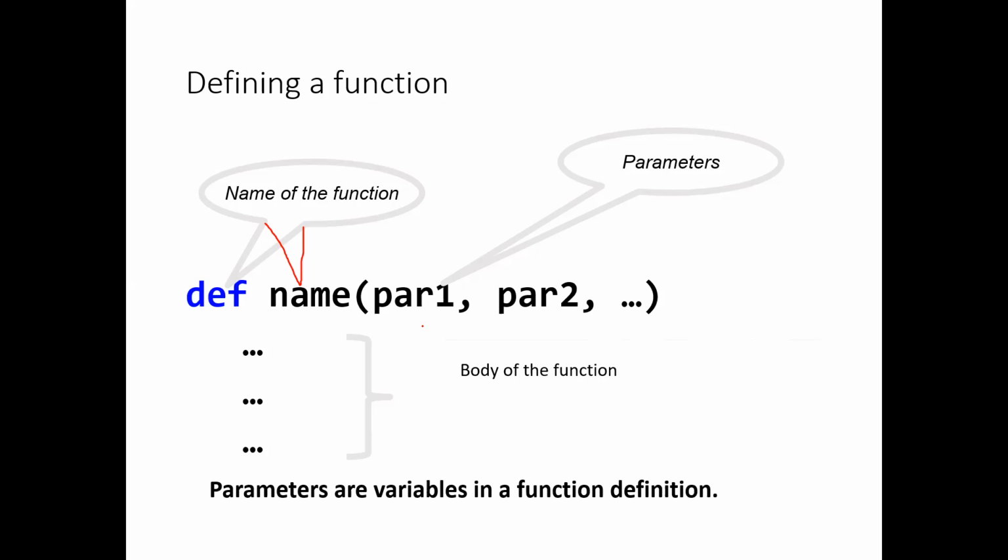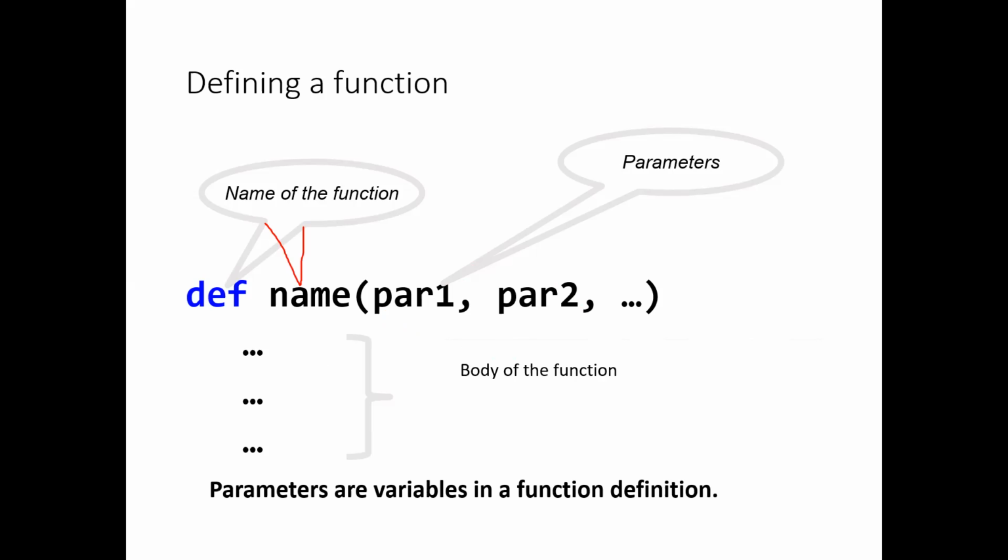If you calculate the area of a circle, the radius would be your parameter. Likewise, depending on your requirement, you can define parameters. Sometimes, let's say you are going to print a particular name 10 times, the name might be the input. And sometimes we can just have a function without any parameters.